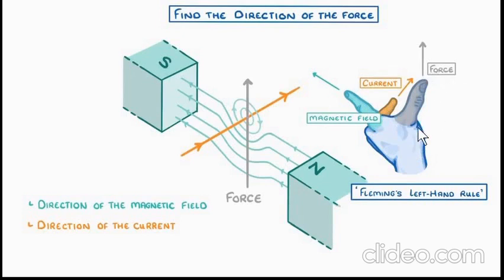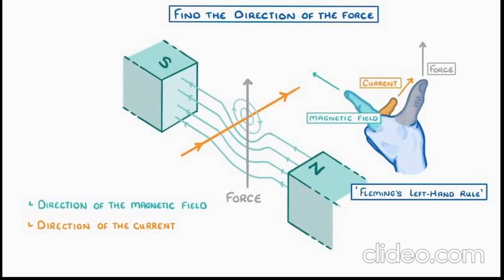This memorizing technique is mentioned in your book also, and the page numbers are mentioned in the description box. You can check from there also. So you can memorize it by this technique: first finger for field, second finger for current, C in second, and thumb represents force or the thrust. The direction of force in this case is upward, because this is the direction of force.